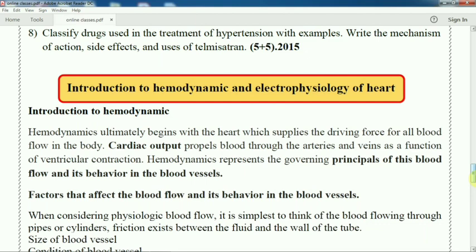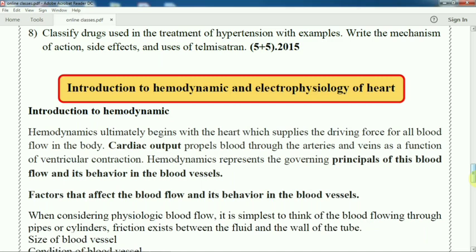When we are considering the physiology of blood flow, it is very easy to simplify: blood flowing through a pipe. Very simple thing. What is the physiology of blood flow? It means only flow of blood in a pipe or cylinder or in the artery, and friction between the fluid and the wall of the tube.